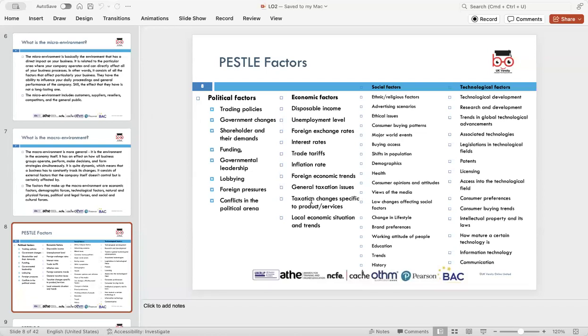So, general taxation issues, overall tax policies, taxation changes specific to products and services, taxes affecting specific industries, the local economic situation, and trends. So, the local financial condition in a specific region.